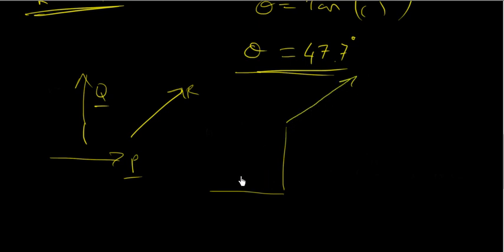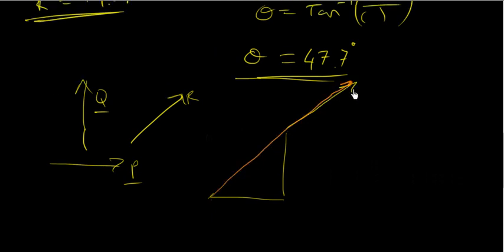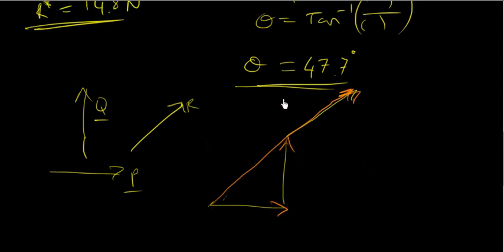So really our final resultant would look like something like that. When you've added the three of them, this one's like that, that was like that, and that was like that, then our final one looks like something like that.